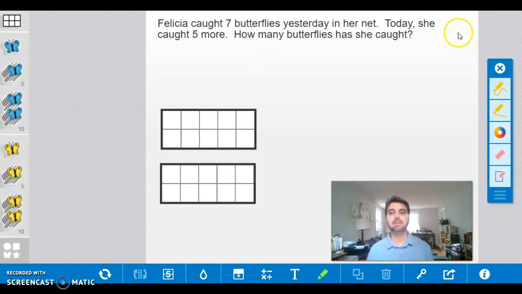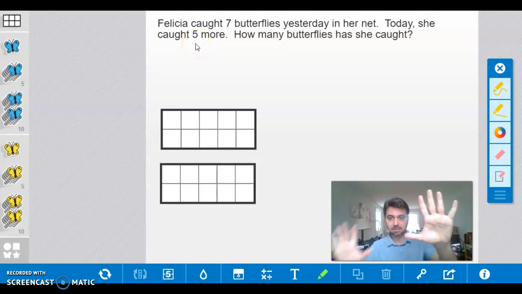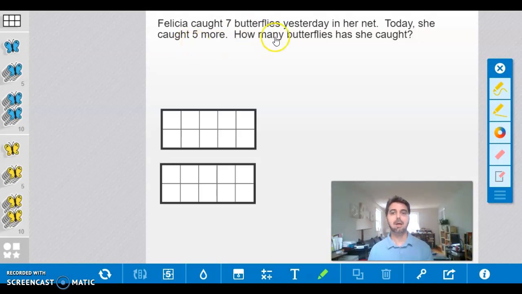Okay, today she caught 5 more butterflies. Whoa, okay. How many butterflies has she caught? All right, well, maybe some of you already know this, but if not, let's put on our butterflies. Let's do the 5 one. Remember this? If I click this, it drags over 5. Boom, 5, 6, 7.